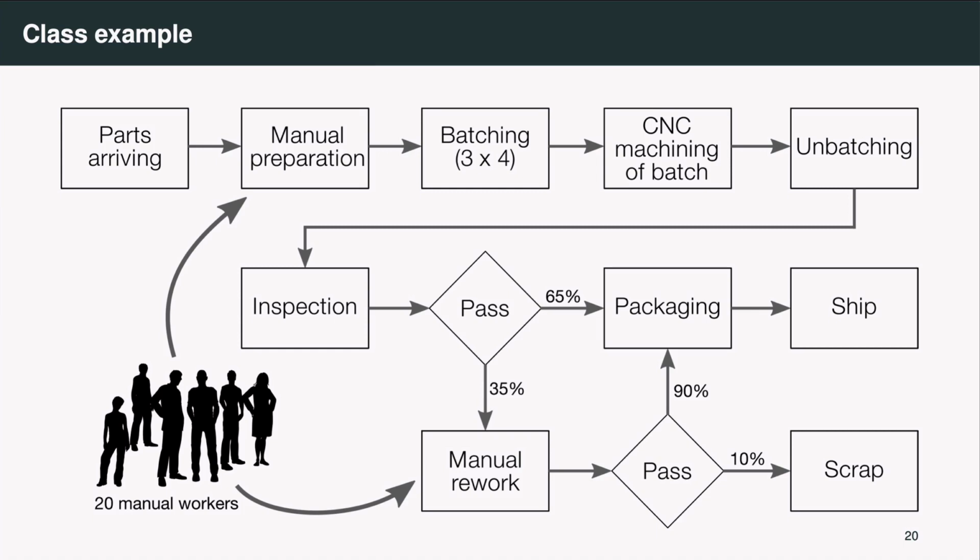Do we need more, or are we overstaffed? Because if we're overstaffed, then we may want to relocate them to another area in our production line that may be starved and doesn't have enough human resources. Or if they are overburdened, at least we know by how much we can actually increase the number.